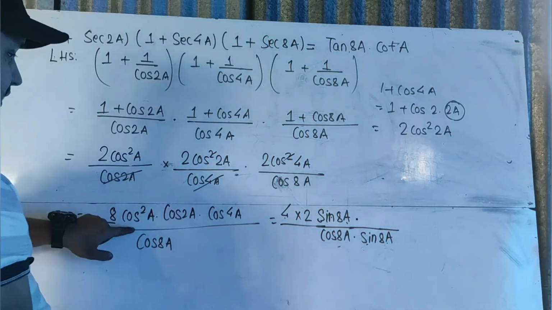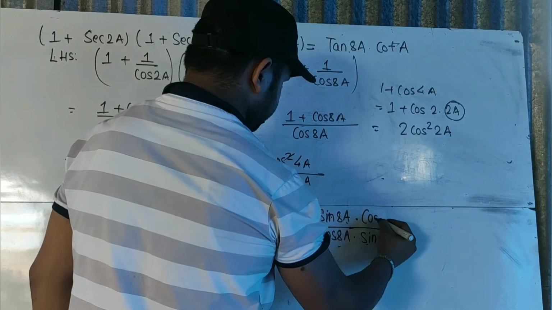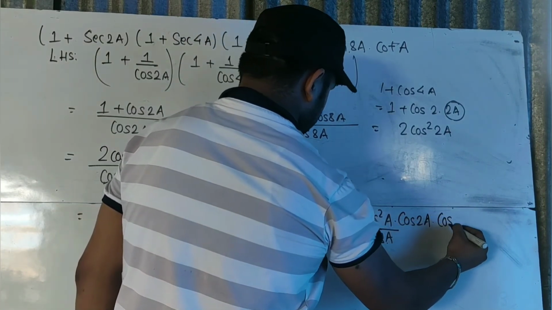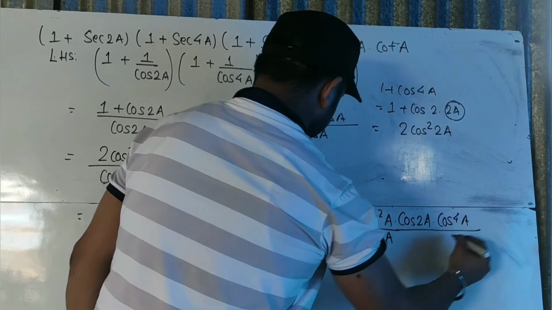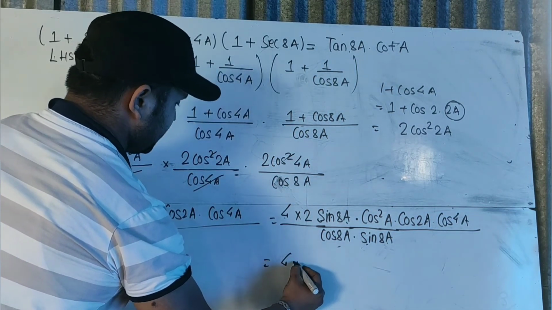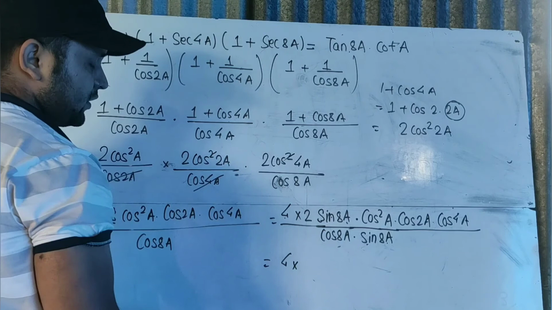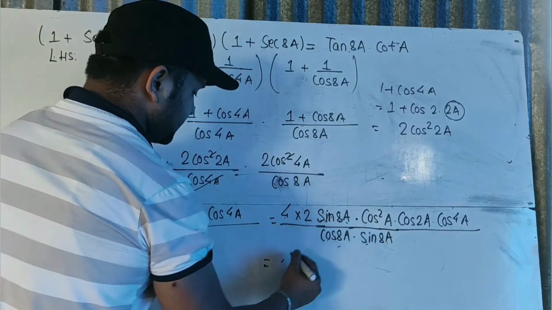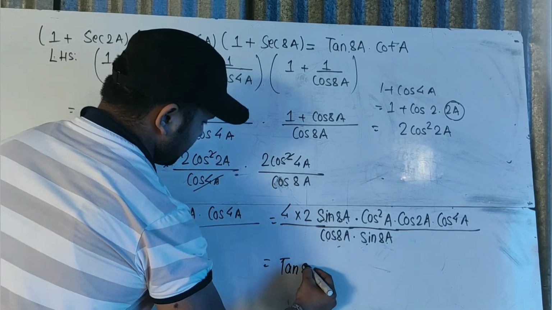Now let's write all the things as it is. What you have here in the numerator is cos square a into cos 2a into cos 4a by 4 into sin 8a by cos 8a. Sin 8a by cos 8a is tan 8a. We got tan 8a.